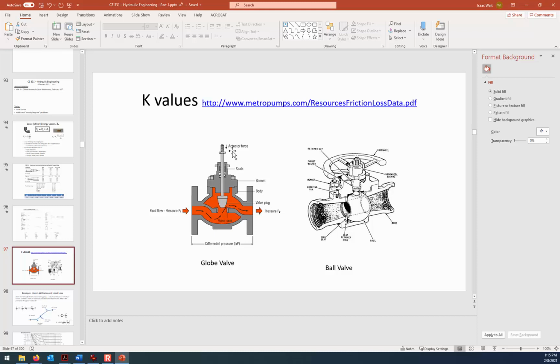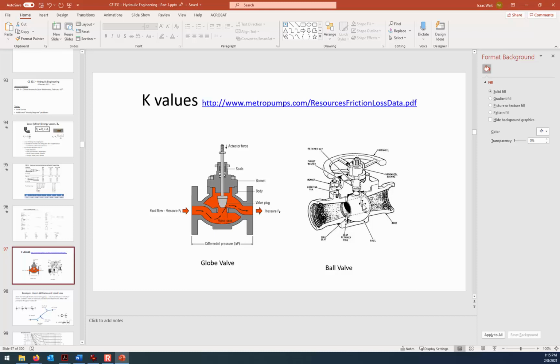So the globe valve would be used in a high pressure, maybe more industrial environment, where you really could crank down with a lot of force and have a firm seal. The globe valve is not going to leak, so it's good for a high pressure situation. The ball valve leakage could go around the ball, so it's not as good for a really high pressure application.